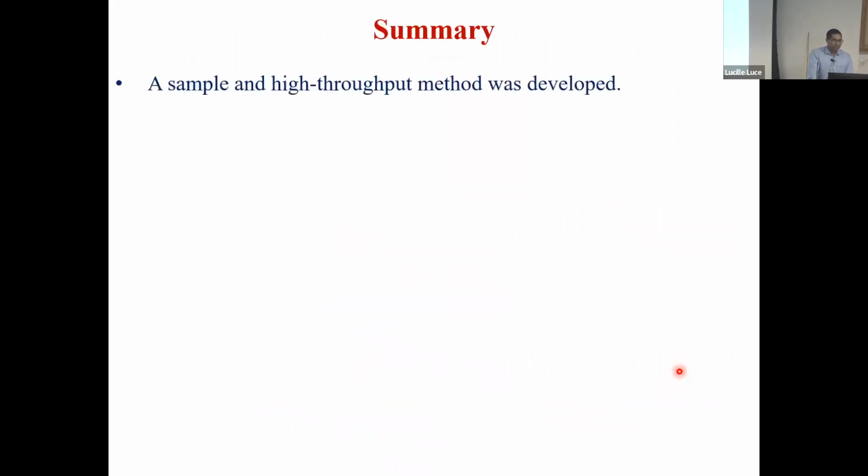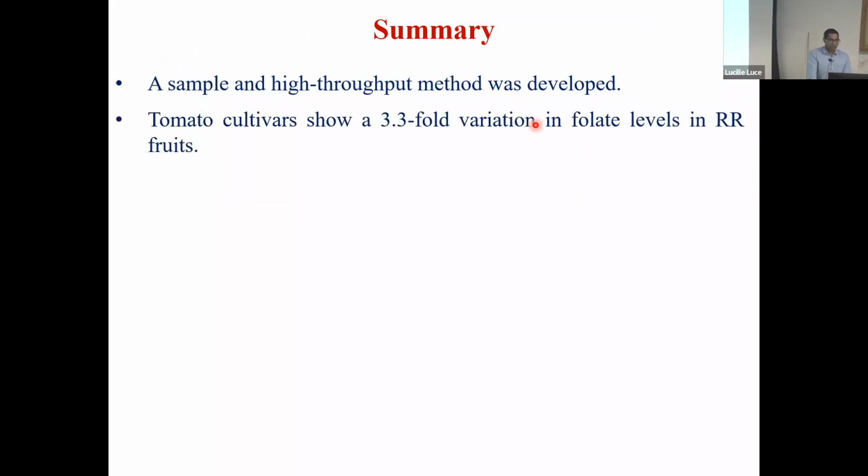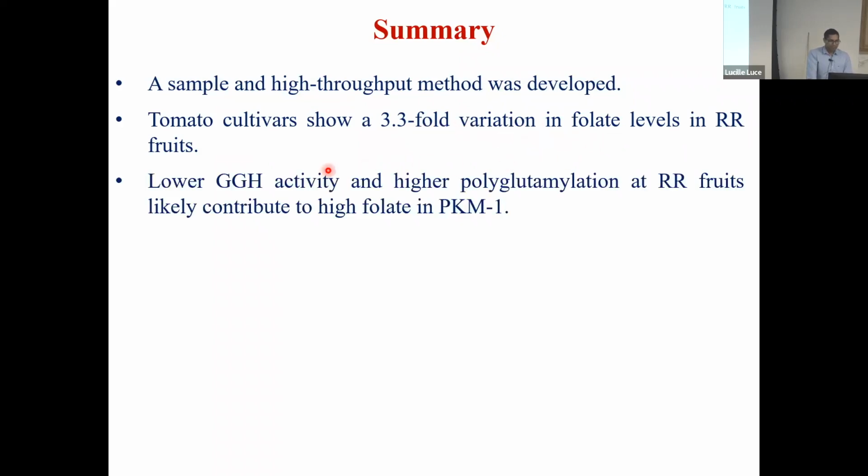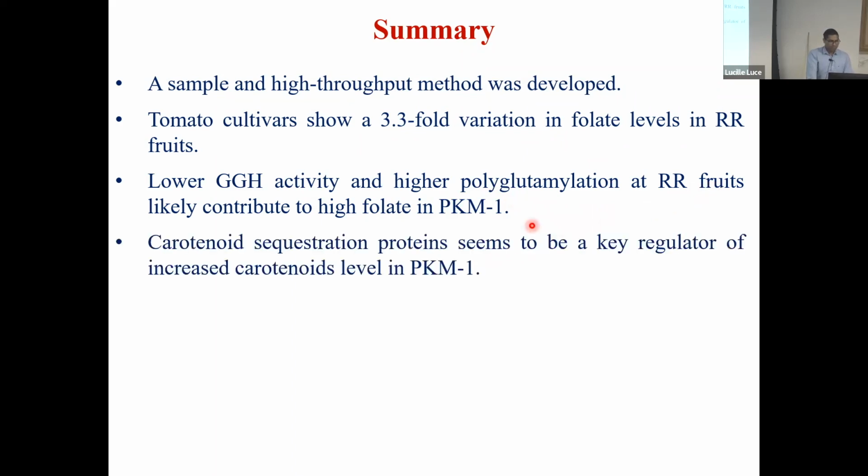So in summary, a simple and high throughput method was developed, which is easy and equally applicable to other crops also. Tomato cultivars show almost threefold variation in folate level at the red ripe stage. Lower GGH activity and high polyglutamate level in RR fruit likely contribute to high folate in PKM1.